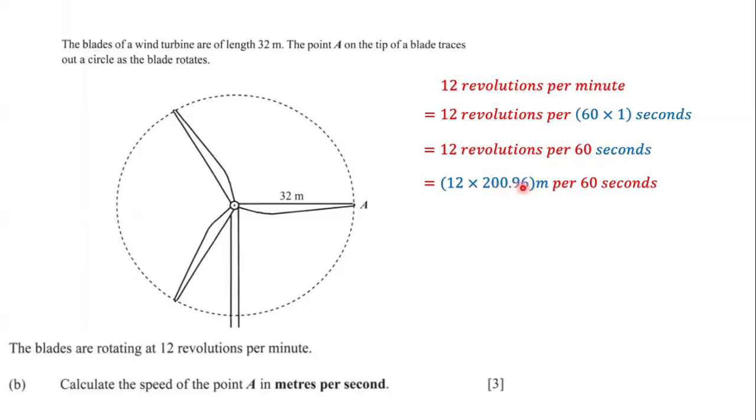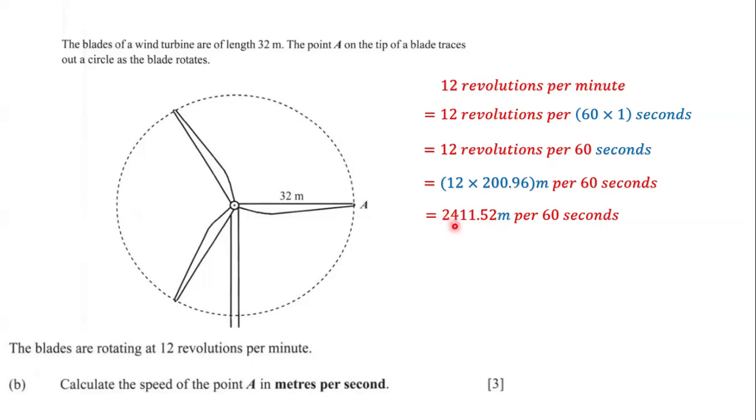So if you're trying to figure out the distance of 12 revolutions, you're just going to take 12 and multiply it by 200.96. When we multiply these two, we get 2411.52 meters.